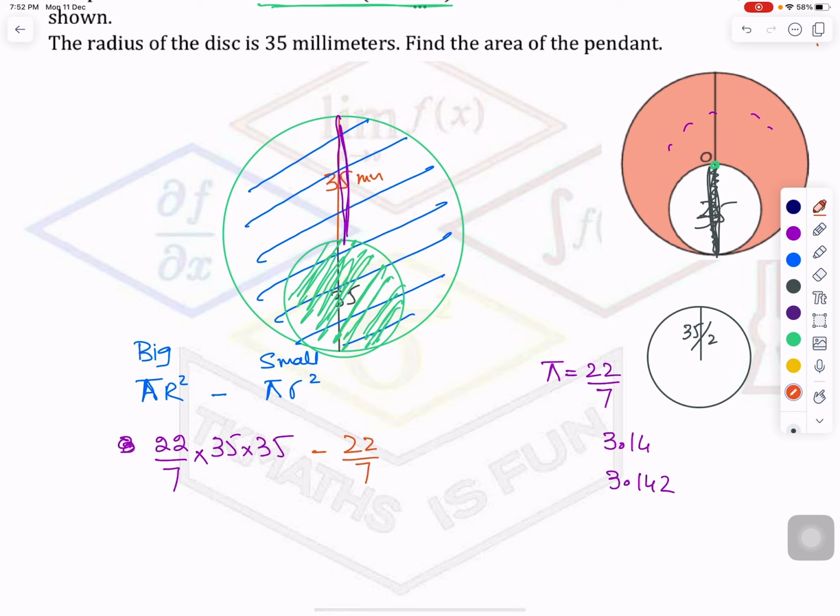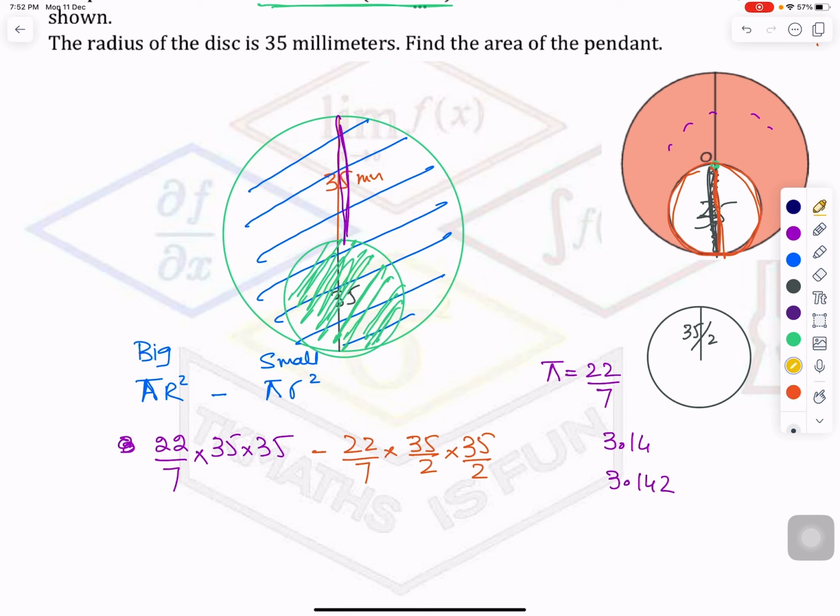So 22 upon 7 into, now here I will write what? 35 or 35 divided by 2? Divided by 2. You know why? Because for this small circle, the diameter is 35, so the radius will be half of it.